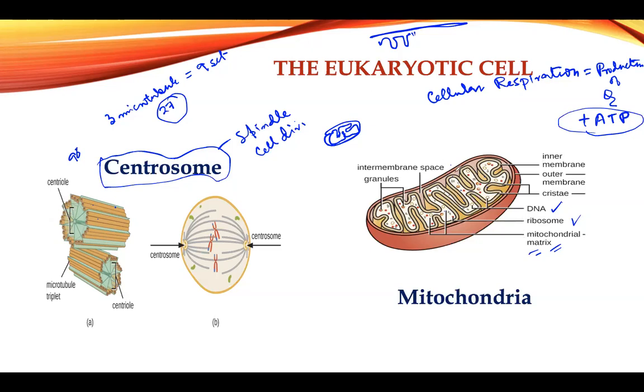They are not dependent on our nuclear chromosome or hereditary material, okay? And in all these, the cristae, like the inner membrane and the matrix, all carry so many different types of enzymes for the cellular respiration. So these two areas are very hot metabolic places. Okay.